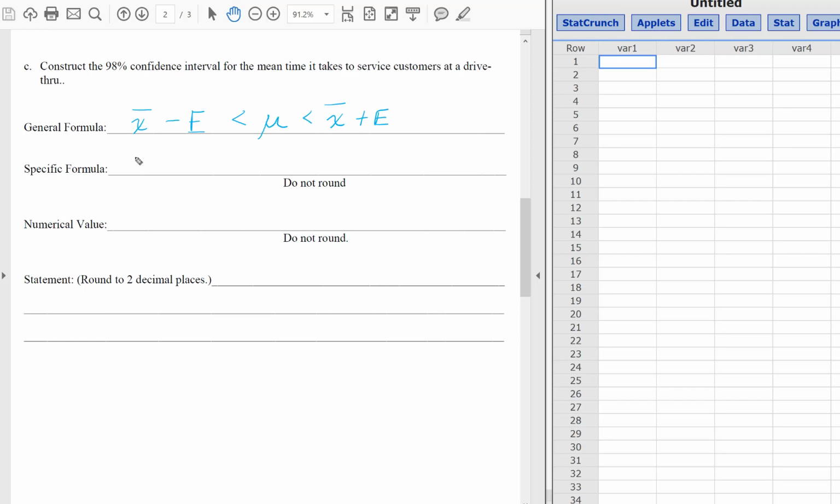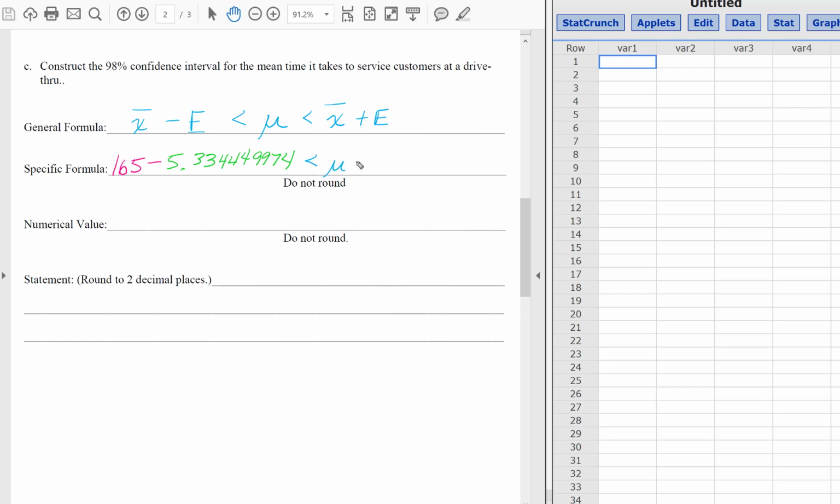We've already calculated out the sample mean to be 165 minus our margin of error. And our margin of error from up above is 5.33, and I'm not going to round here, 4449974.